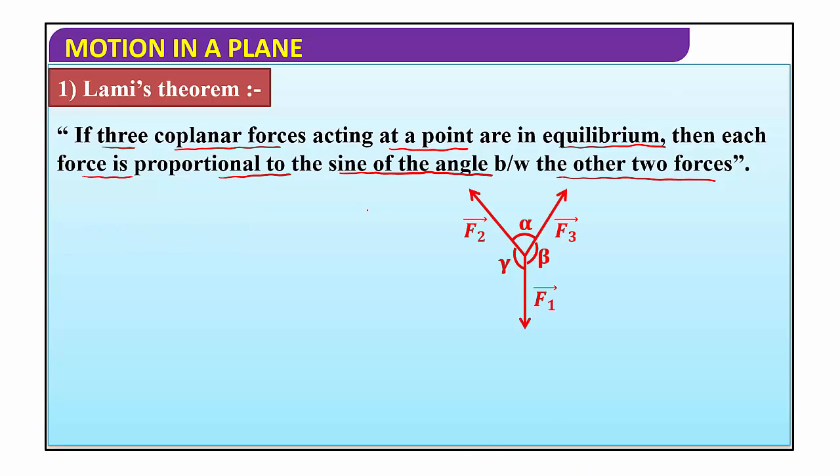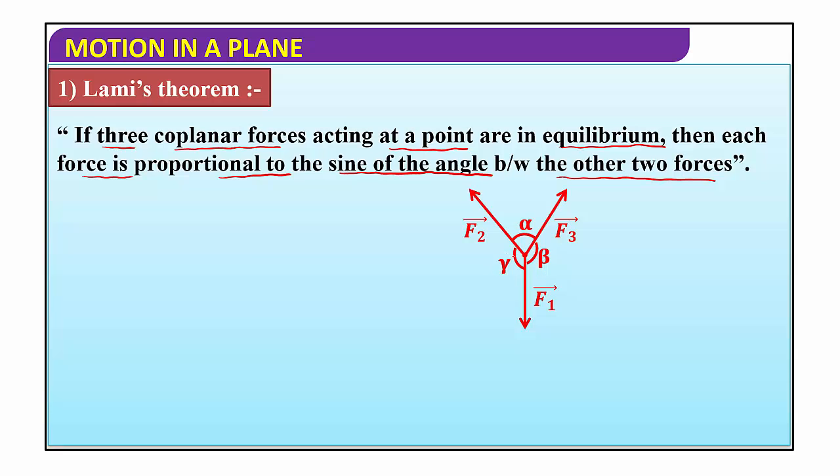Observe this diagram here. So we consider three forces, that is F1, F2 and F3. These are the three forces acting at the same point in the same plane. Then each force F1, F2, F3 is proportional to sine of angle between the other two forces.